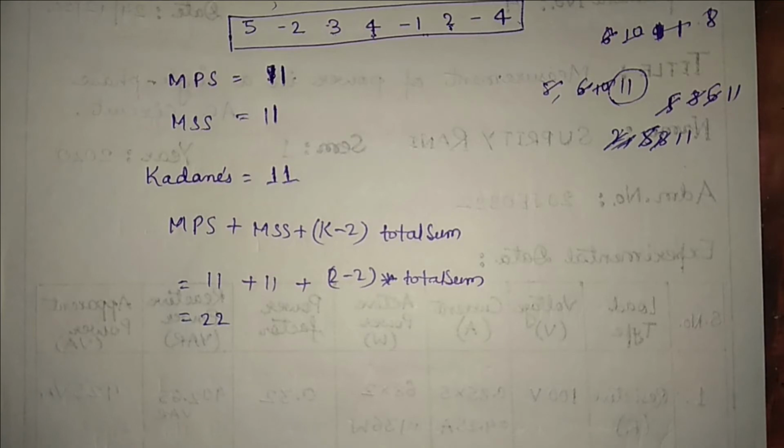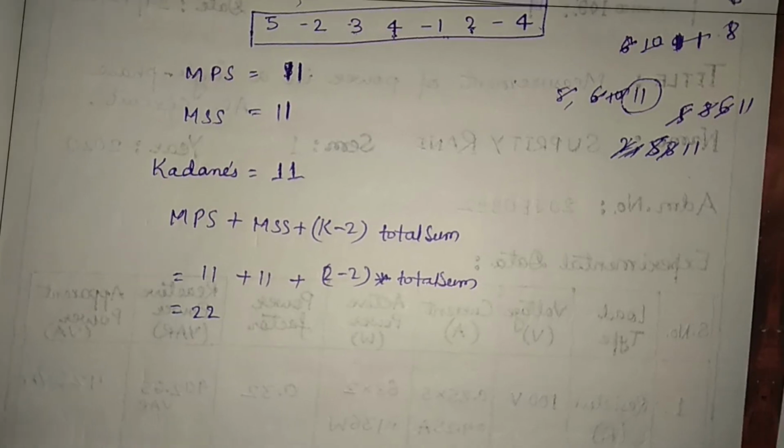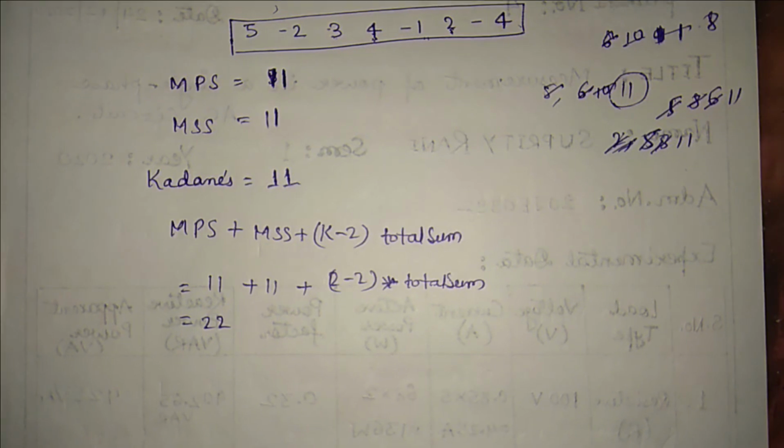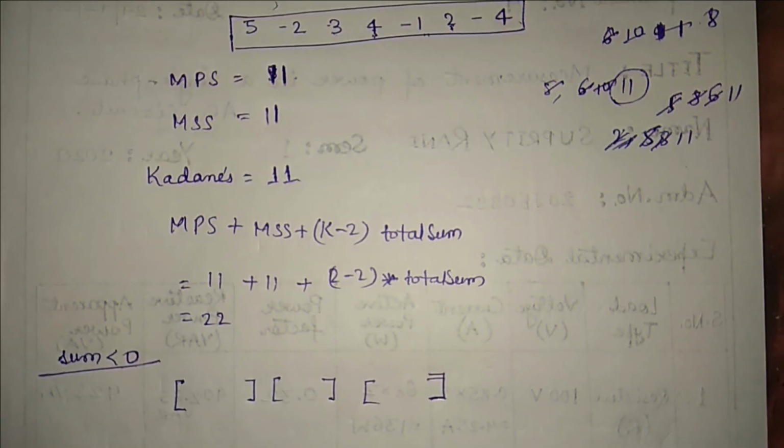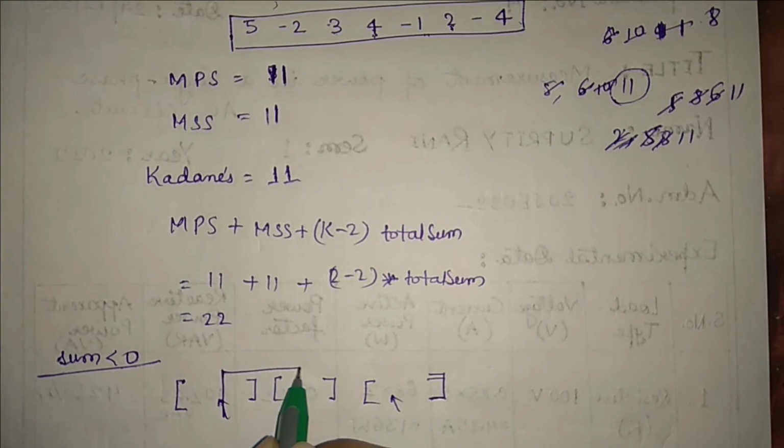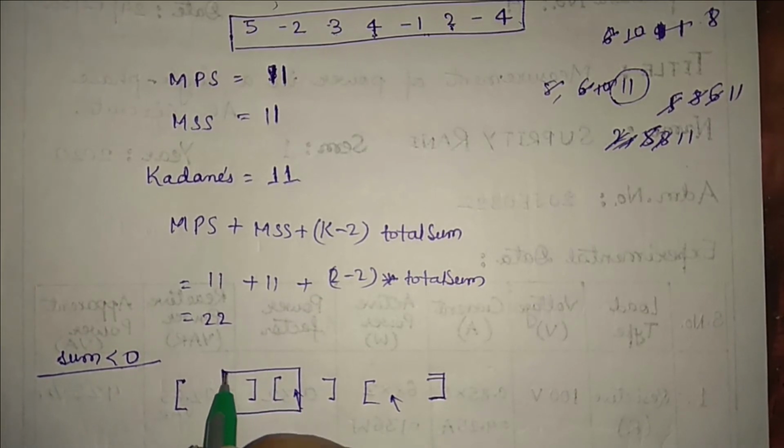Now we have to think about what if the sum is less than 0 or equal to 0. If I symbolize the problem, here I have an array of elements and k is equal to 3. In this situation the sum of the elements inside a single array is less than 0, but there could be a possibility that the combined sum could be positive, right?